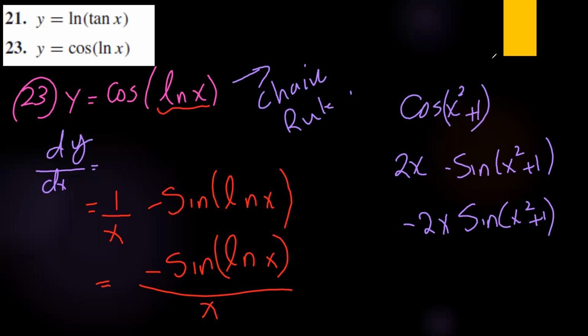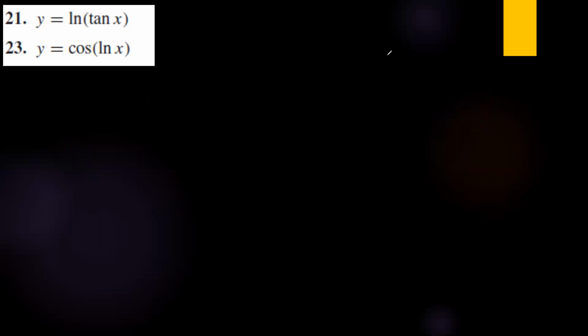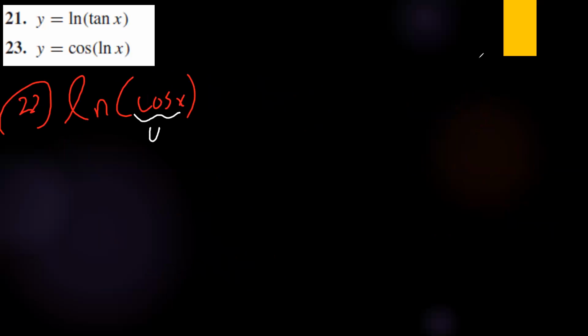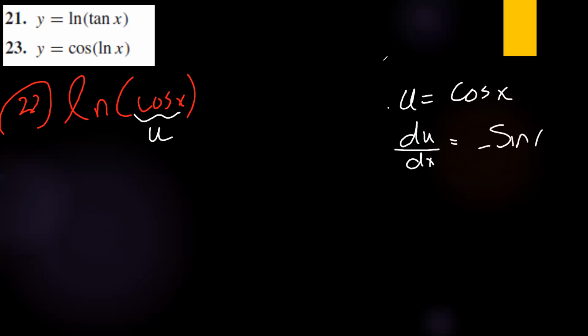So this is cosine ln x. Now what about number 22, ln cosine x? The first one, cosine ln of x, you have to use the chain rule. But if you have ln cosine x, you have to use the u substitution. Assume that this is u, and du over dx is negative sine x.